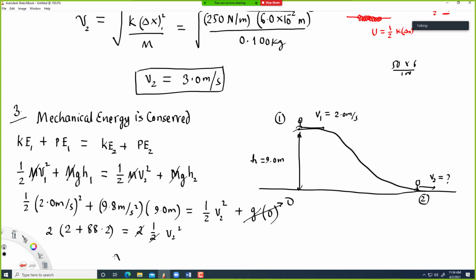And then v would be the square root of 2 times 90.2. Is that 13.4?